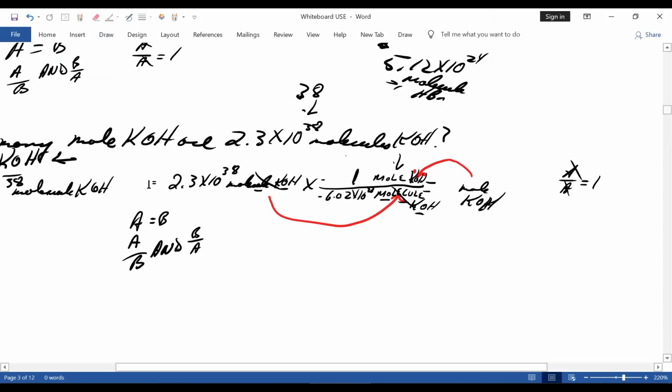Now, let me remind you, when you're doing multiplication and division, you get the same number of significant figures as the number you're multiplying or dividing that has the fewest significant figures. This has 2, this has 3. 1 is an exact number, doesn't play a role in significant figures. Therefore, my answer should have 2, because 2 is less than 3.